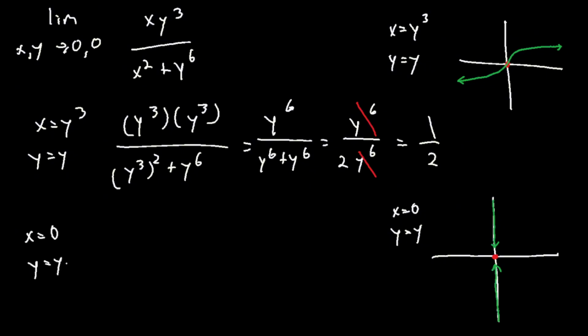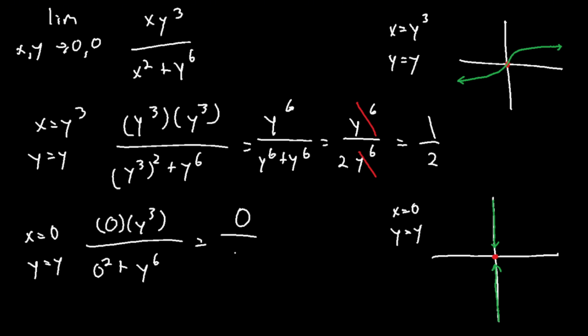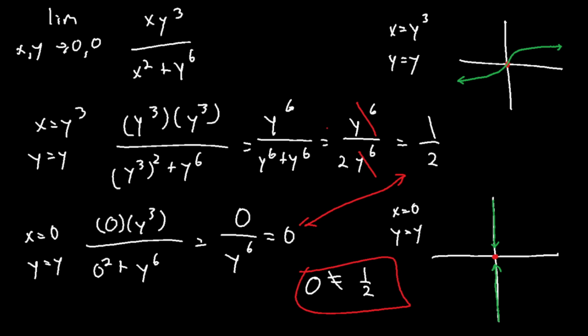So let's plug everything in. x is equal to 0, so x times 0, y to the power of 3, y stays y, 0 squared plus y to the power of 6. You get 0 over y to the power of 6, which is equal to 0. And as you can tell, 0 does not equal 1/2. So the limit does not exist when we approach with two different paths.